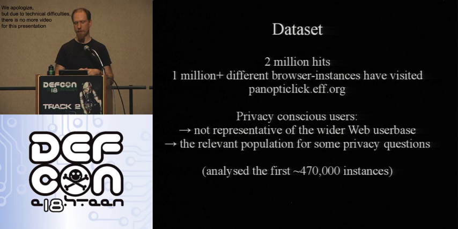However, as I said before, you have to jump through 3 hoops to not be trackable already on the web. And so we think this is the relevant data set to ask, do people who block cookies and know about IP addresses and how to hide them and so forth end up being trackable by their fingerprints instead? And another point is that the data in this talk is all based on the first 470,000 odd instances, so the first half of the data set.